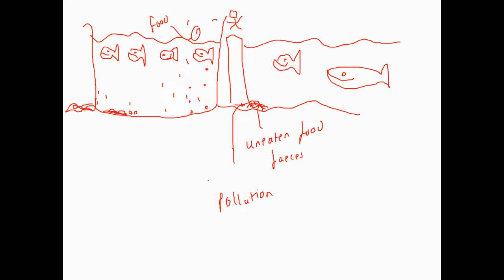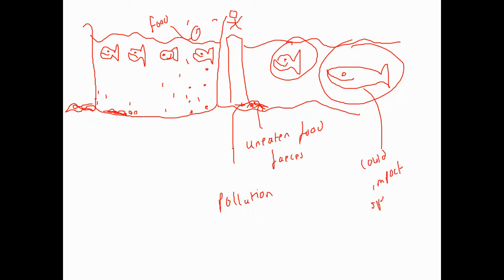It's causing water pollution, and that could actually harm the species, the community, on the outside. So it could impact species or biodiversity. Is everyone seeing why I'm putting that? It could impact biodiversity because it could cause species to wipe out or die because of the pollution that the uneaten food and the feces are causing. All right, so that's your one disadvantage.